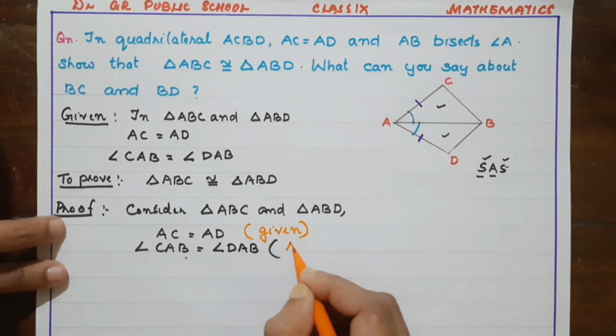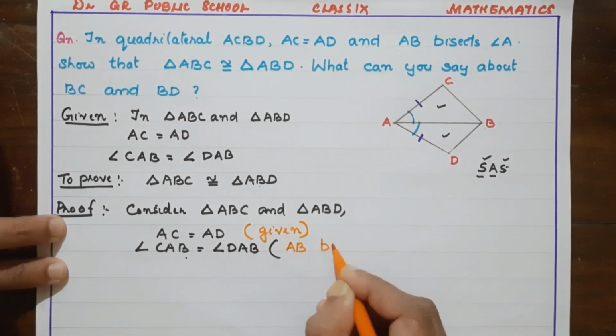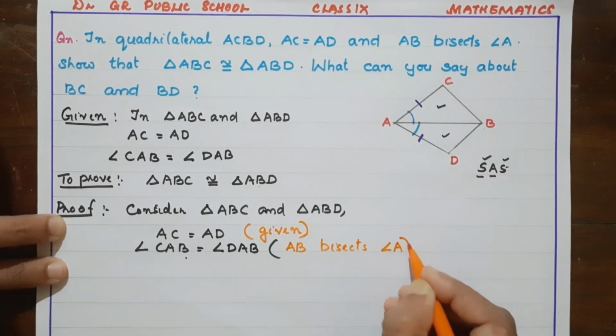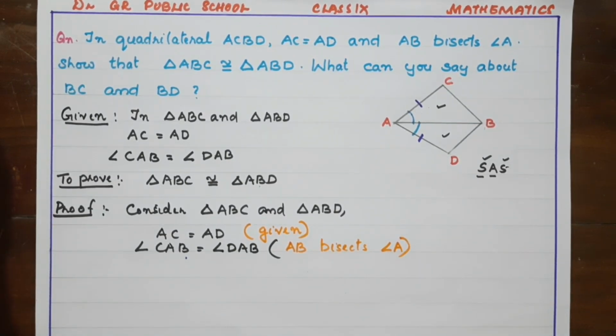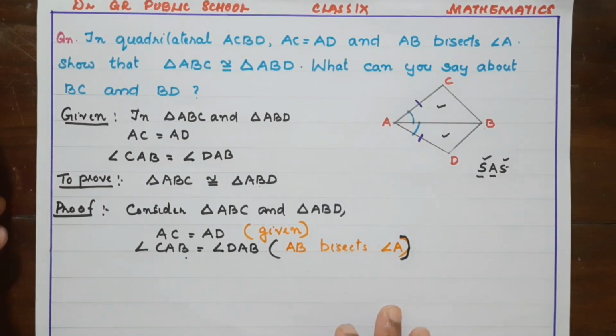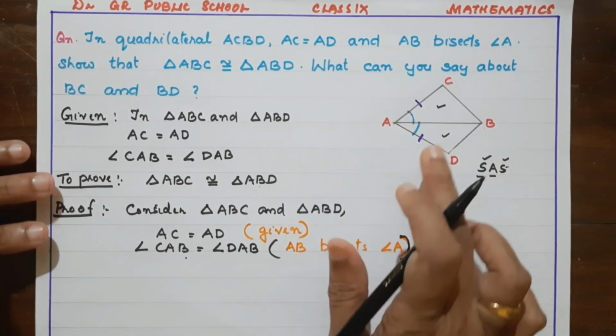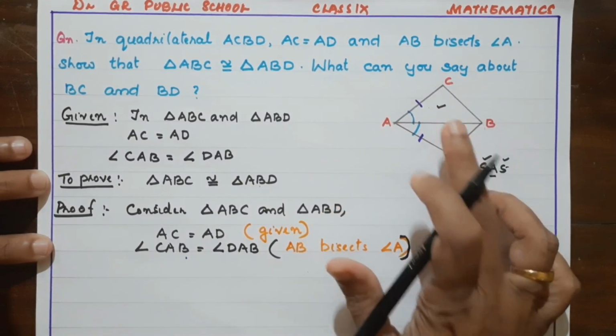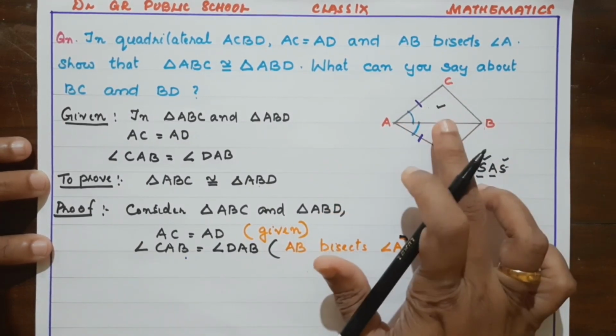Since AB bisects angle A. Okay. AB bisects angle A. Then what is the third equality? Now we have discussed AB for this triangle and AB for this triangle is a common side.